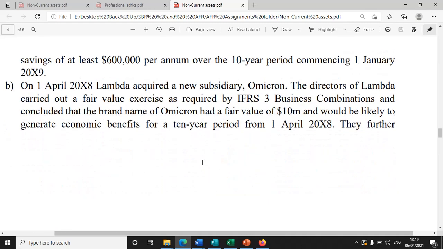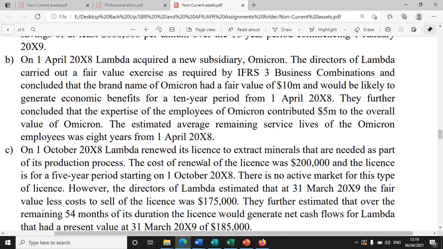Then on part B, we are told on 1st April 20X8, Lambda acquired a new subsidiary, Omicron. The directors of Lambda carried out a fair value exercise as required by IFRS 3 Business Combinations and concluded that the brand name of Omicron had a fair value of about 10 million and would be likely to generate economic benefits for a 10-year period from 1st April 20X8.